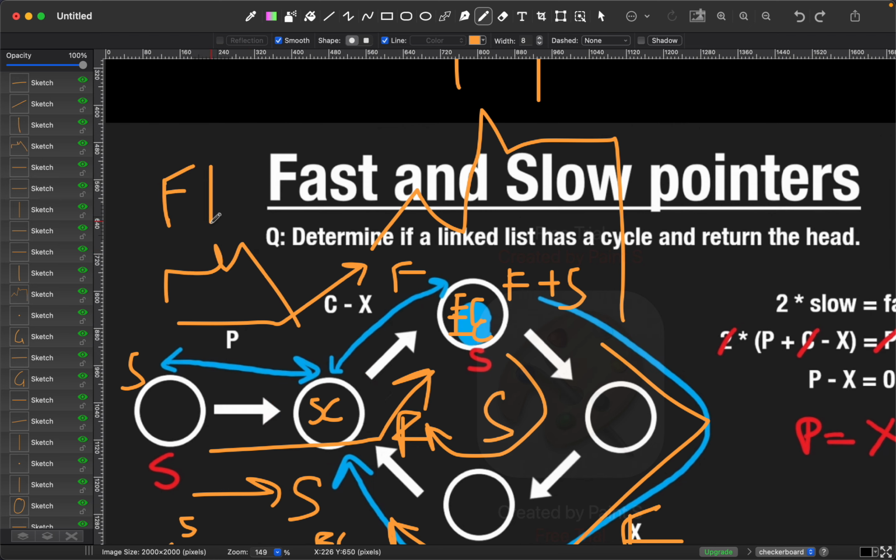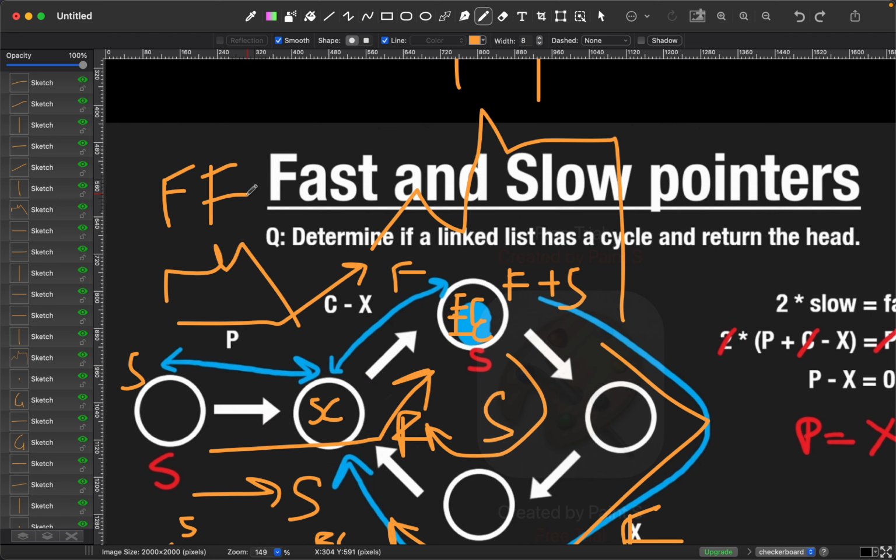Why do I say F factor? It's basically the difference between the F and the S, because when S and F move together, there's a gap, right? And to me, this is the F factor.